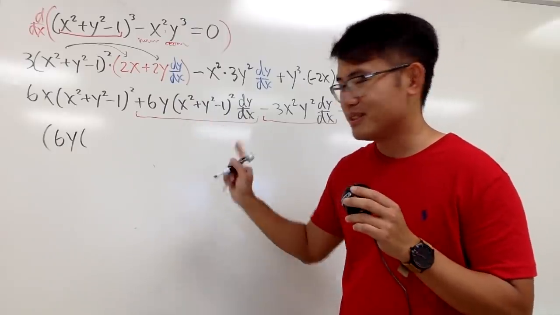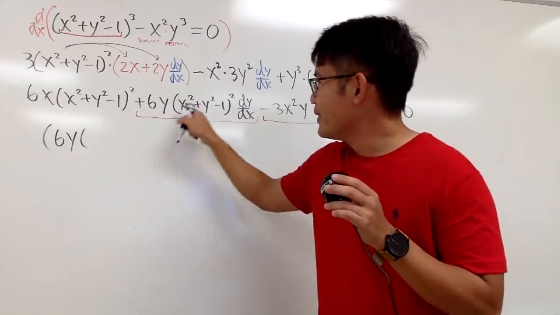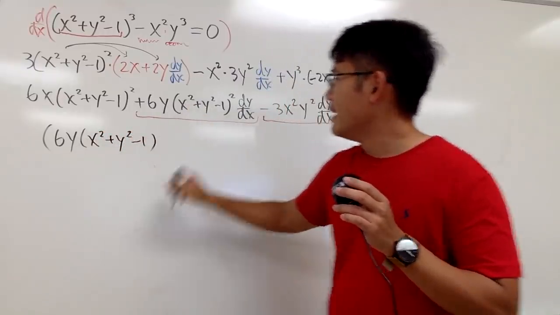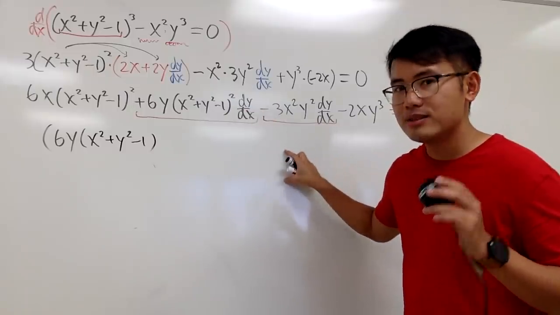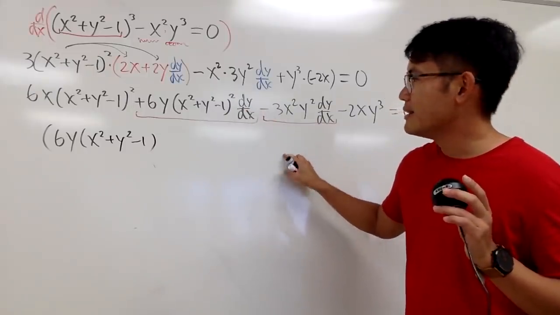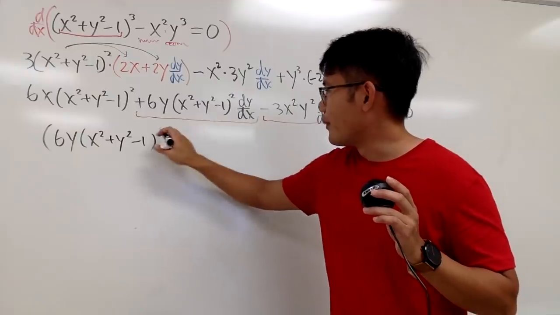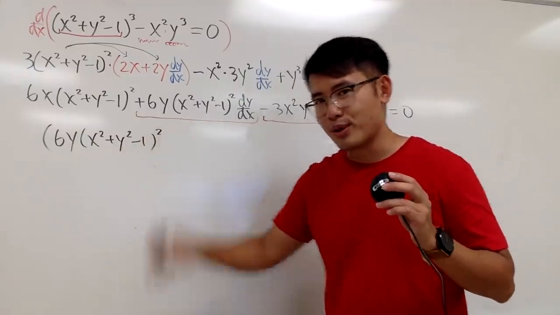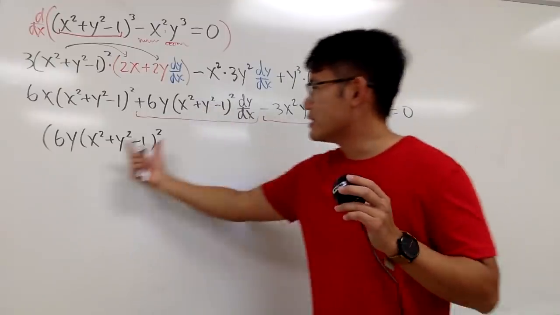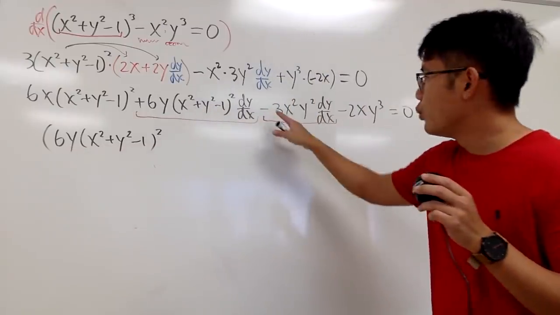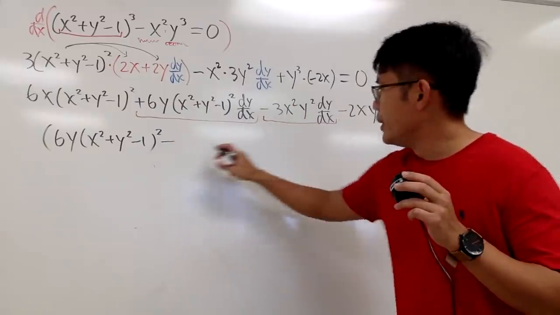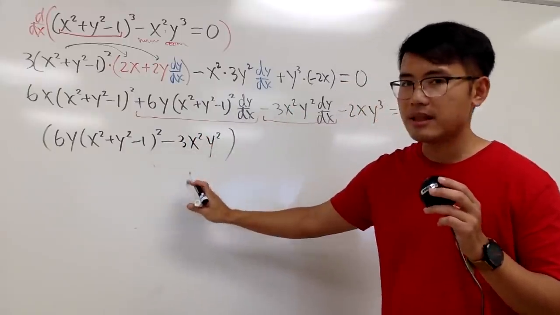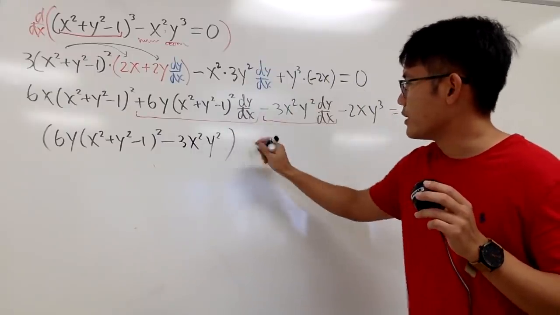Anyway, continue. x squared plus y squared minus 1. And the dy dx will be at the end, so don't worry. And don't forget, this is to the second power, like that. And I'm not going to multiply this power, so don't worry about that. Anyway, this is just the first part. And then we minus 3x squared y squared, and close that. And then we put the dy dx right here.